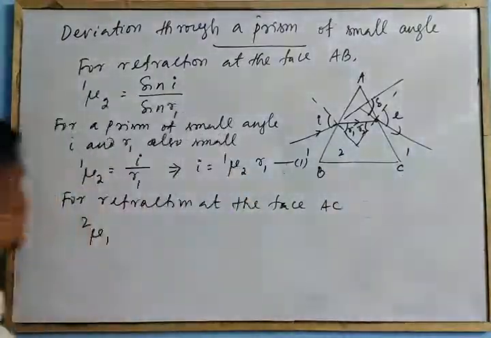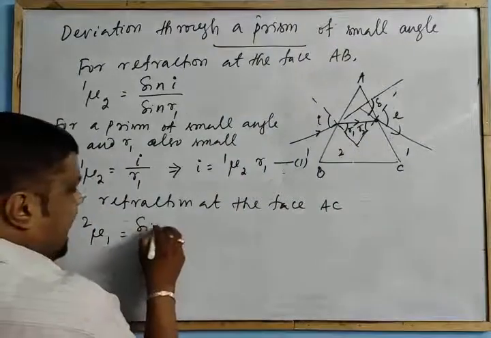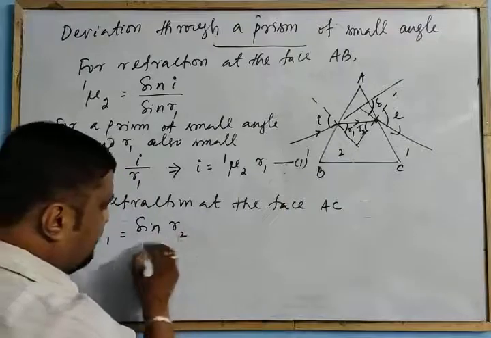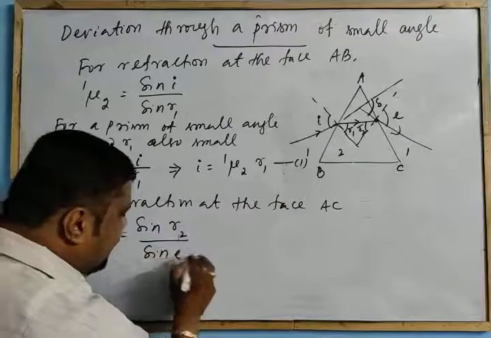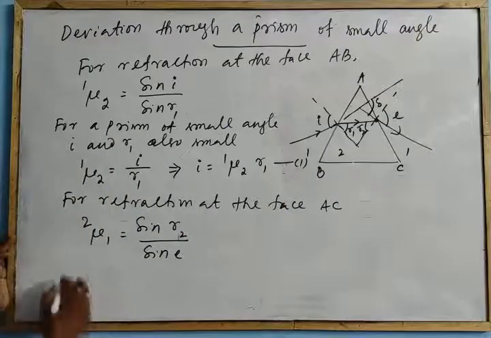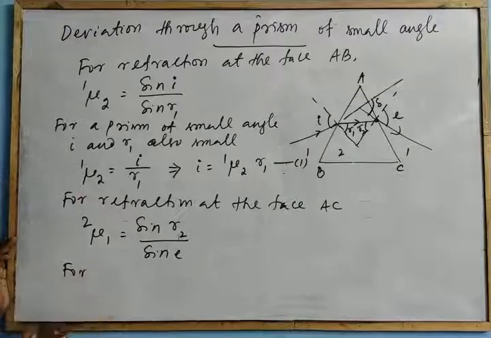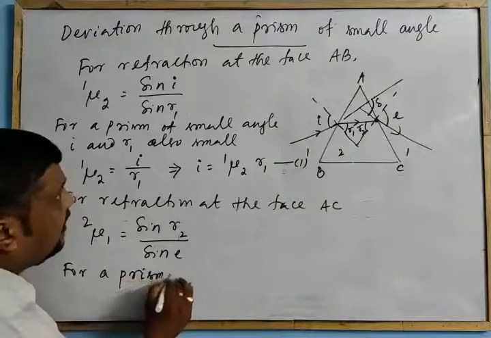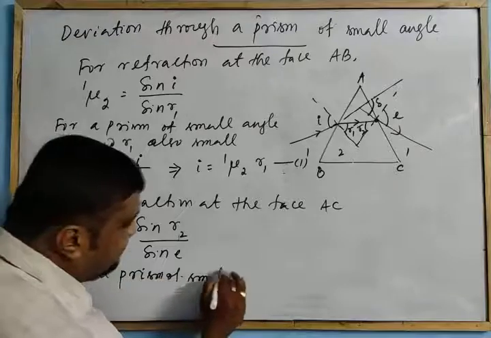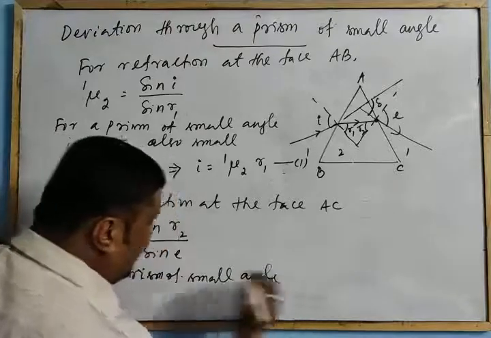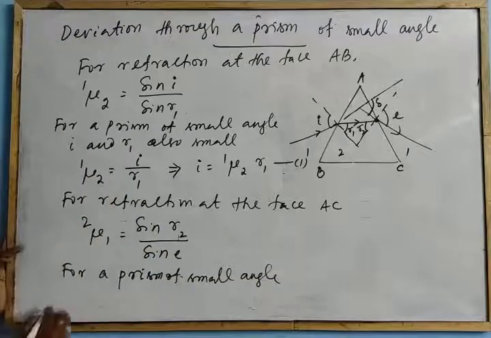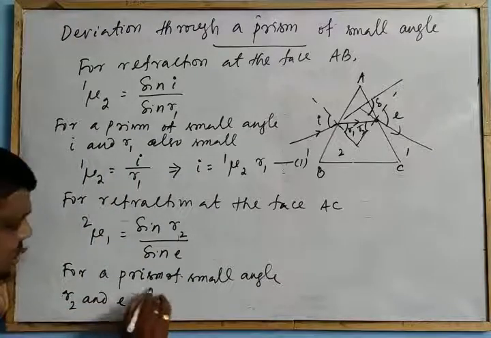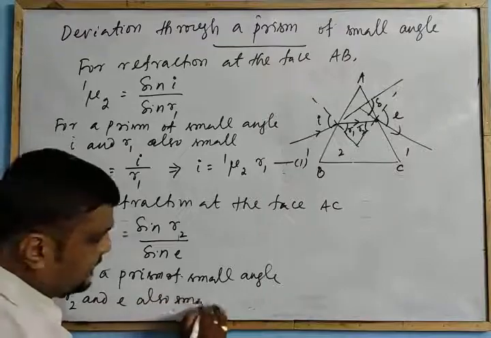So mu12 is equal to sin incident angle, which is R2, by sin E. For a prism of small angle, R2 and E also small.